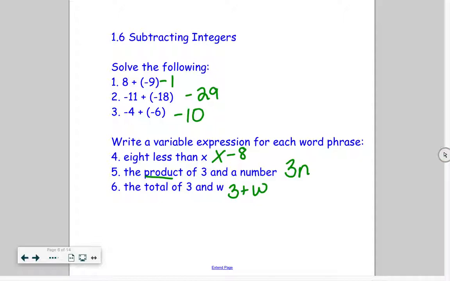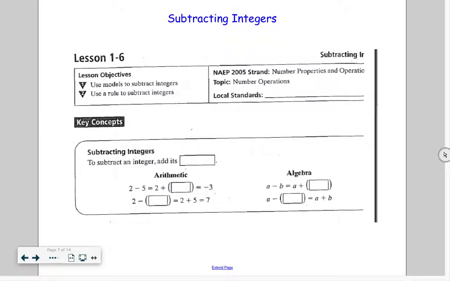Okay, take out your highlighter. Highlight all of those black boxes with your pink highlighter. They're all negatives.